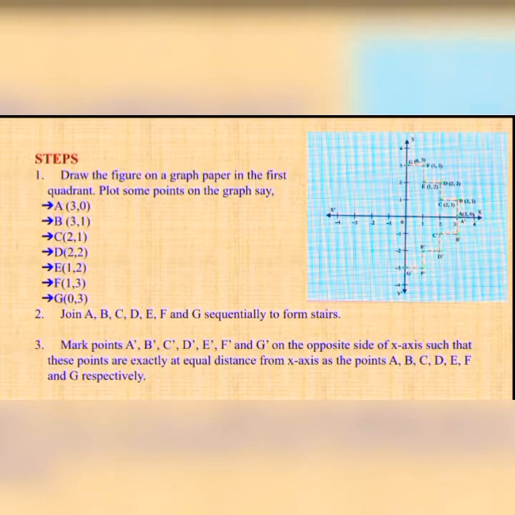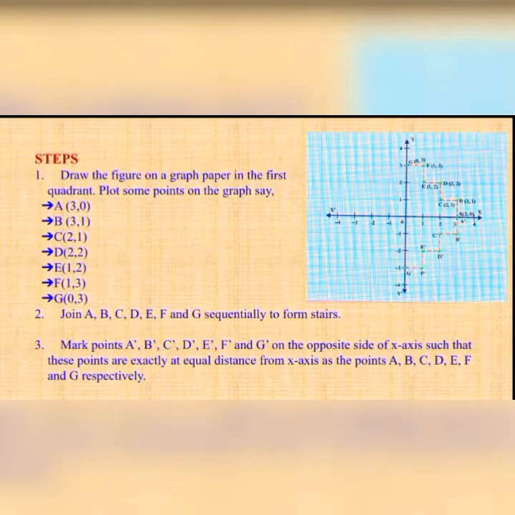We have to plot these points with their respective coordinates, and then join the points A, B, C, D, E, F and G sequentially to form a flight of stairs.